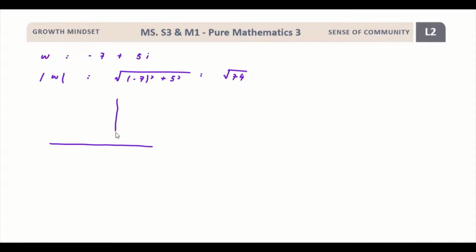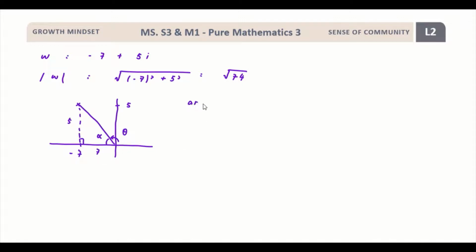For this one, it's going to be in this quadrant. Negative 7 and 5. So with the right angle, this will be our alpha, and the theta that we want to find is supposed to be here. So here will be 5, and here will be 7.